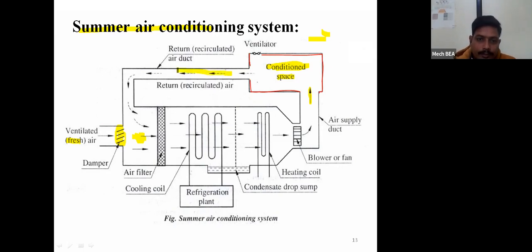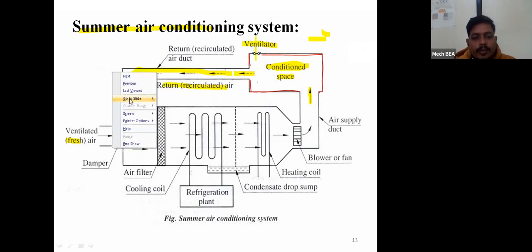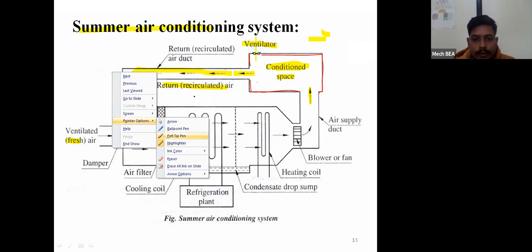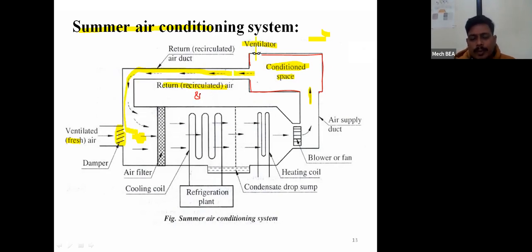Whatever conditioned air is there inside the conditioned space, some of the air will escape to the atmosphere through the ventilator part, and the remaining air will be called recirculated air or return air. In case of air conditioning plant, near about 80 to 85% of recirculated air we are using, depending upon the application.